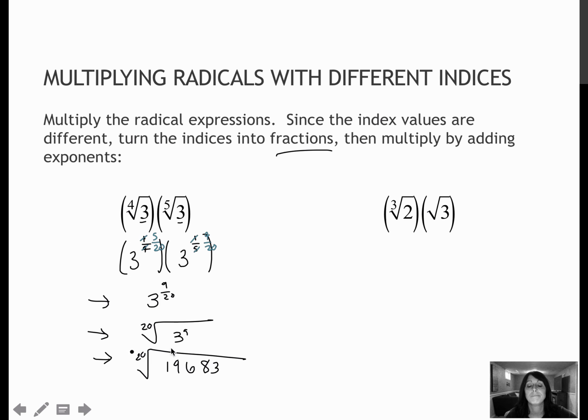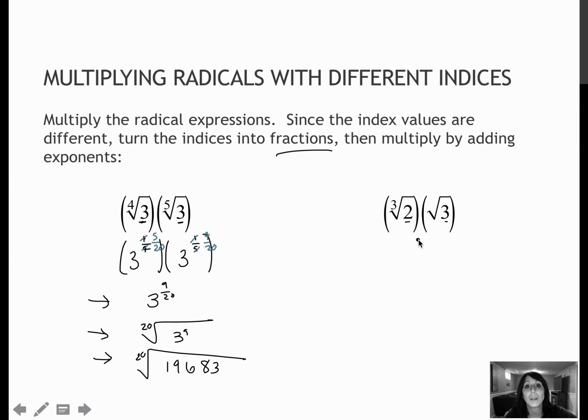All correct. Now the second one is a little bit harder because, as you can see in my first example, my radicand was the same, which meant that I could just add the exponents together. This one is not going to work that way because my radicands are not the same. So now I have a different index and a different radicand, which makes it more complicated.